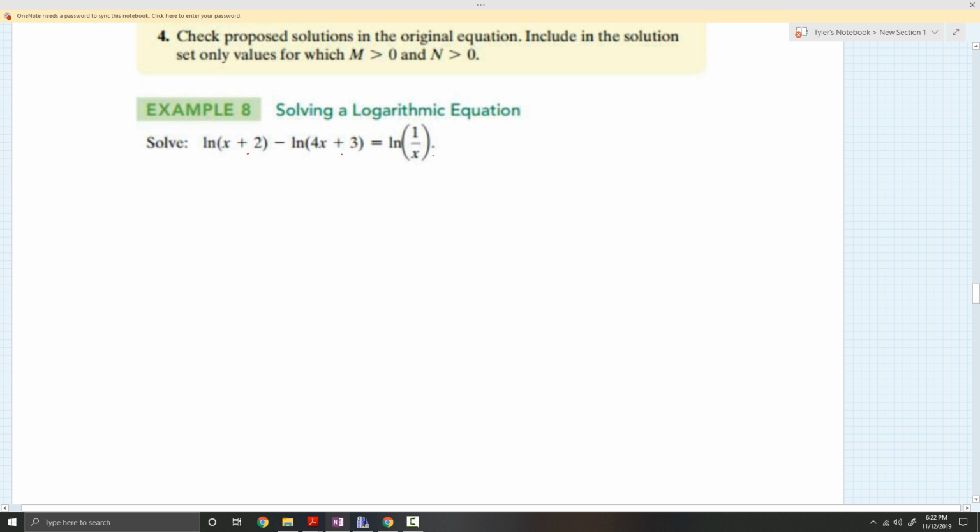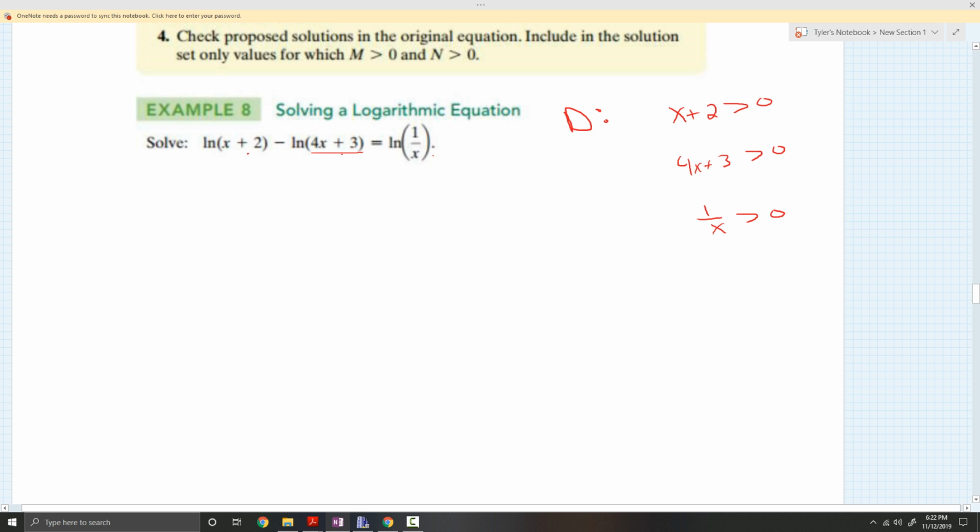If we want to start by looking at the domain, for the first one we want x plus 2 to be greater than 0, and we also want 4x plus 3 to be greater than 0, and we also want 1 over x to be greater than 0.